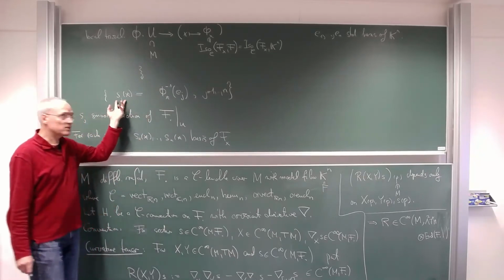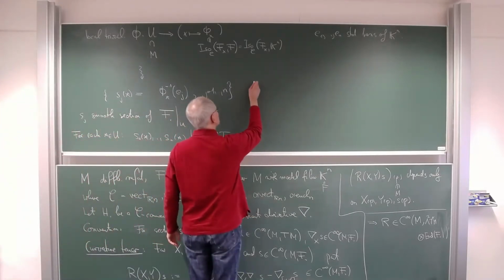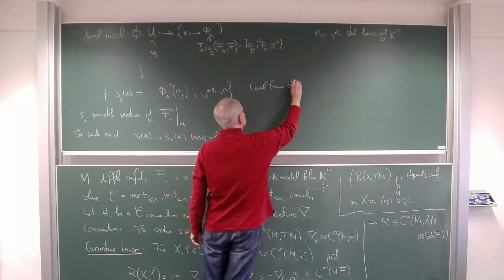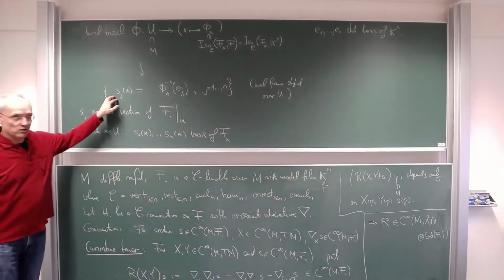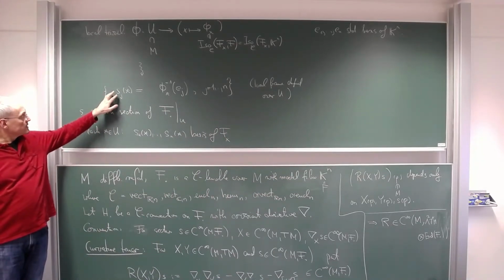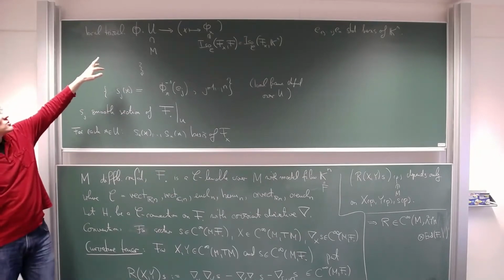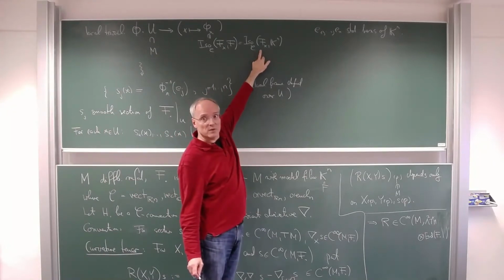So this collection of sections which form a basis at each point is called a local frame, defined over U. Conversely, if I have such a local frame, meaning I have sections defined on U, smooth, and at each point they give me a basis, then I can define the isomorphism phi in such a way that the standard basis gets mapped to this basis S1 of x up to Sn of x here.